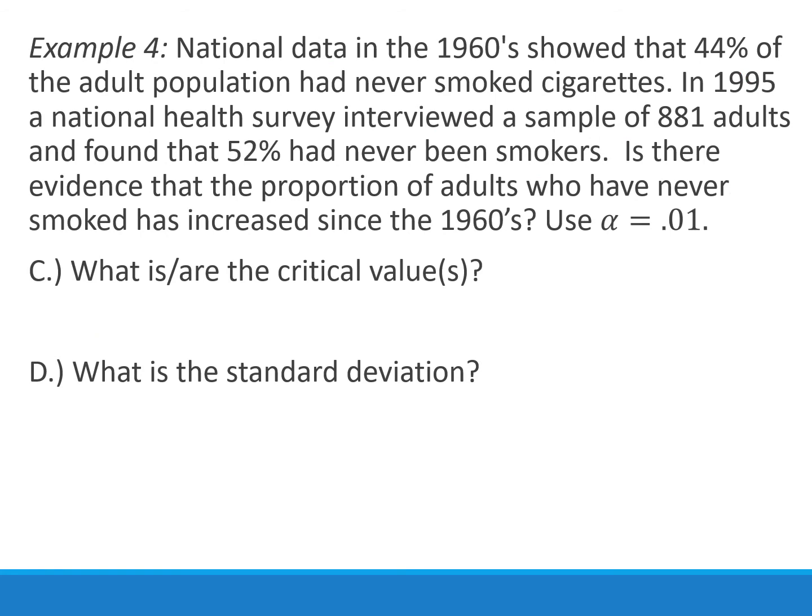Moving forward, we're asked to find the critical value or values for this problem. Critical values for a proportion problem are always a z-score, just like we always dealt with z-scores when we were doing confidence intervals for p-hat problems. Now this critical value is based on an alpha. It's telling us alpha equals 0.01. If it doesn't give us an alpha level, we'll default to 5%. We also have to refer back to our hypotheses, notably the alternative hypothesis.